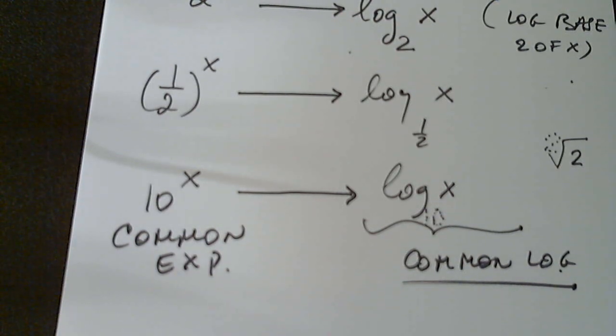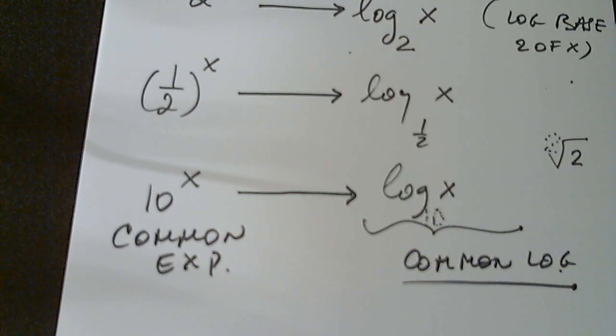Let me go back to the calculator for a second. Notice that these two are on the same key, not by chance, by design. Log with no base shares the same key with 10 to the x. For 10 to the x, I have to activate the second key. For log, I don't.